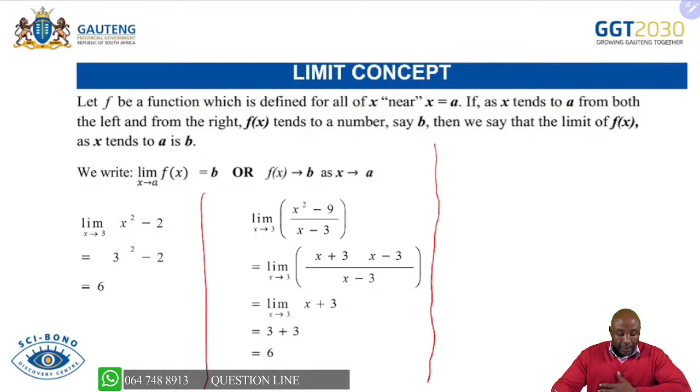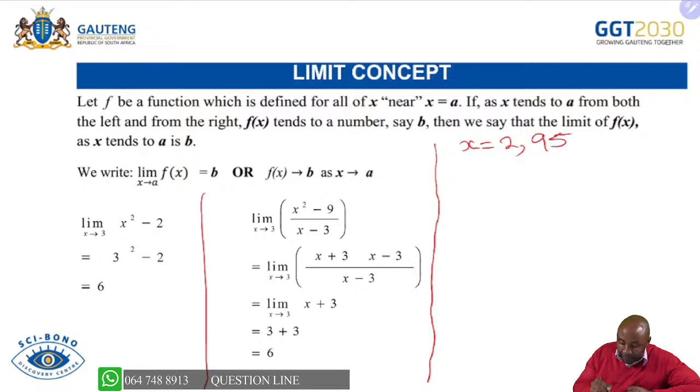Now, as I indicated, the correct way is to substitute values of x that are less than 3 and values of x that are closer to 3 on the right hand side. For example, on the left hand side, you can say your x is equal to 2,95.